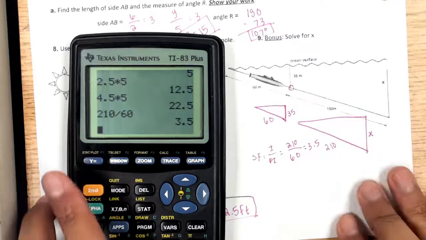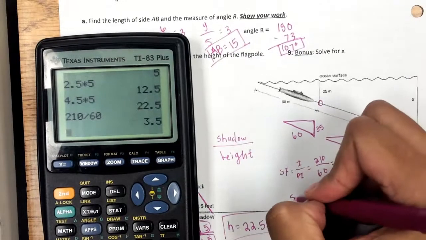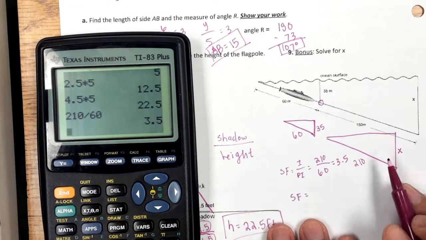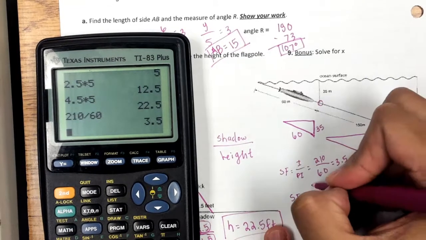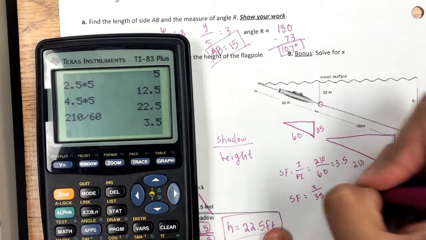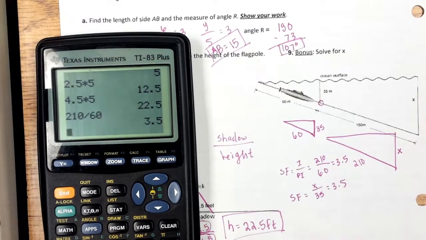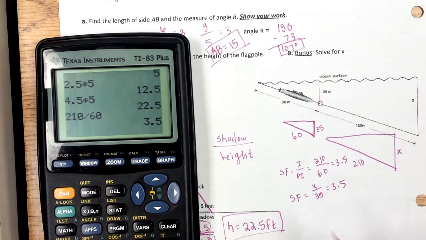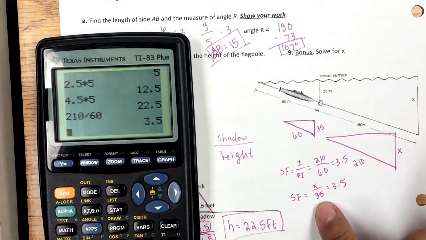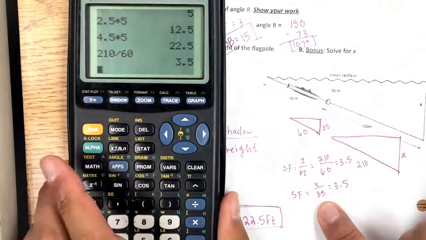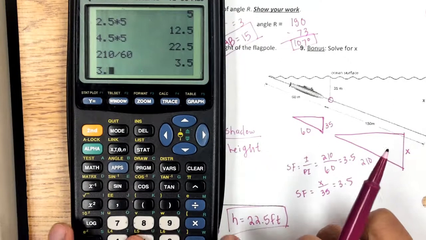So similarly, when you write the ratio for the other side, x over 35, it should equal 3.5. In order to solve for x, we should multiply 3.5 times 35. So let's go ahead and do that.